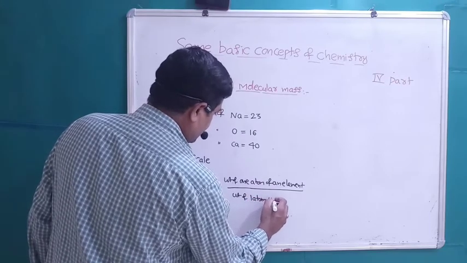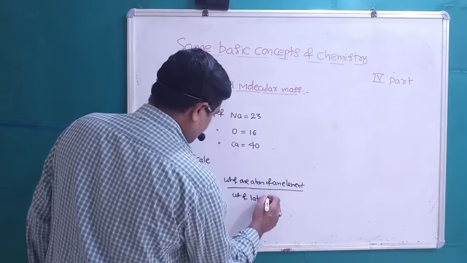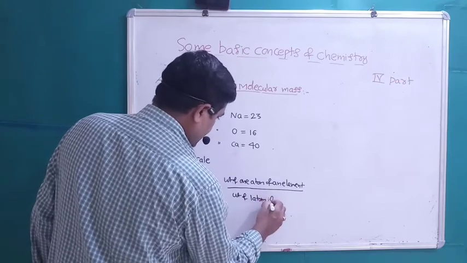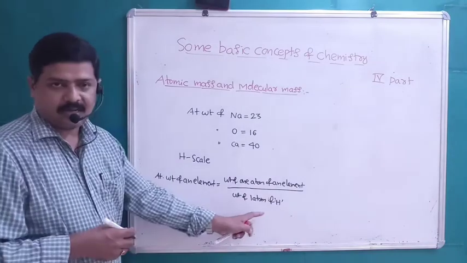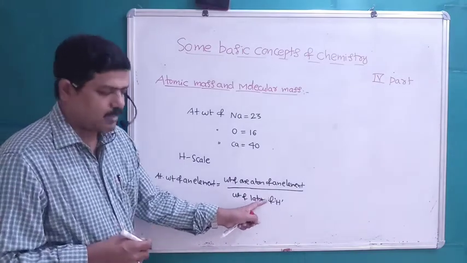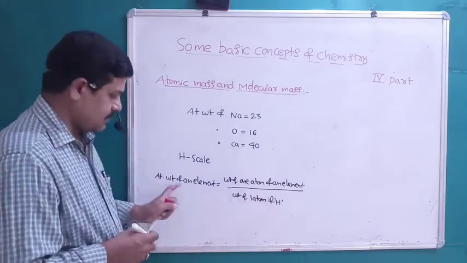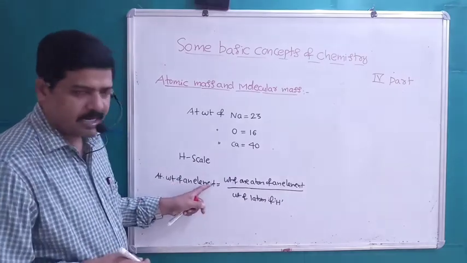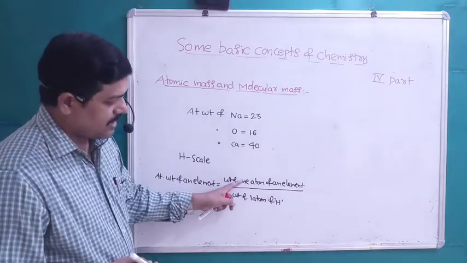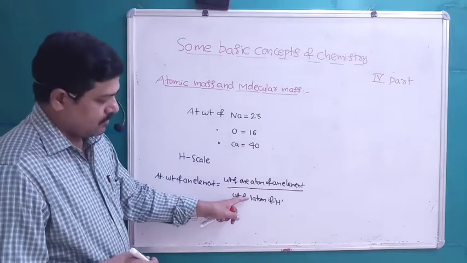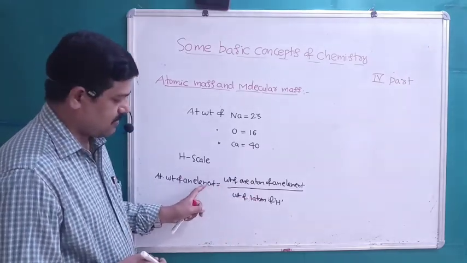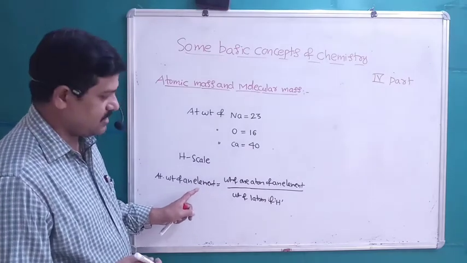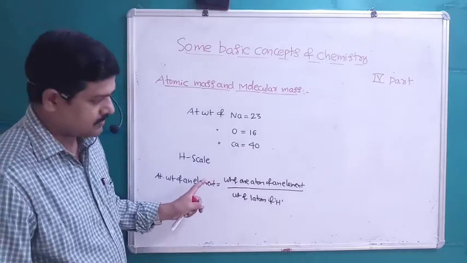So students, here the standard is one atom of hydrogen. That means the atomic weight of an element is how many times it is heavier than one atom of hydrogen. This is the atomic weight we are considering. These are relative atomic masses.